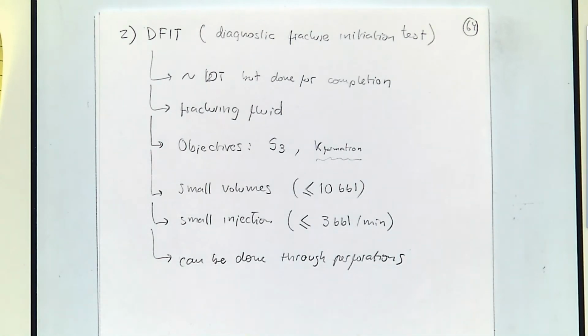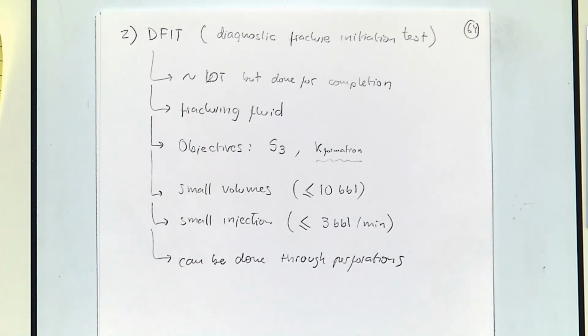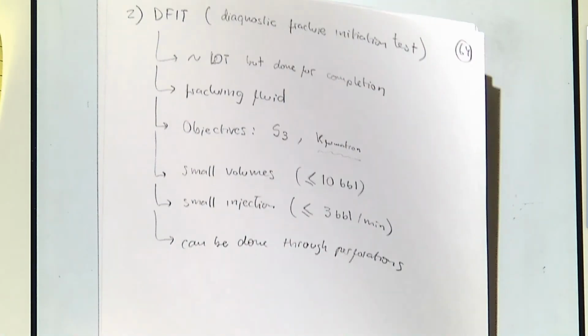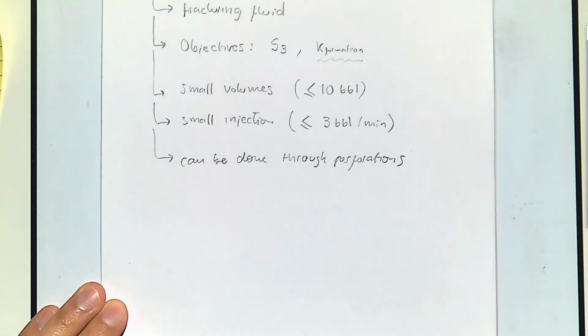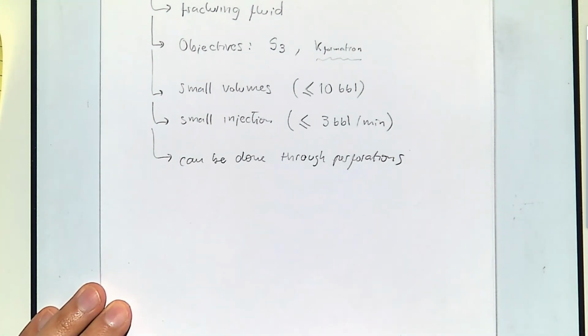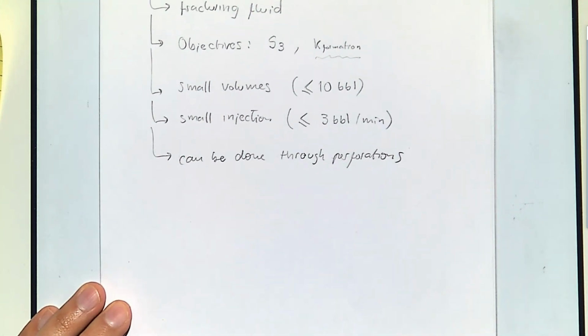All right, so the one thing that I missed here was just to say that this type of DFIT test can be done through perforations, so opposite to the leak-off test that is usually done with an open hole.